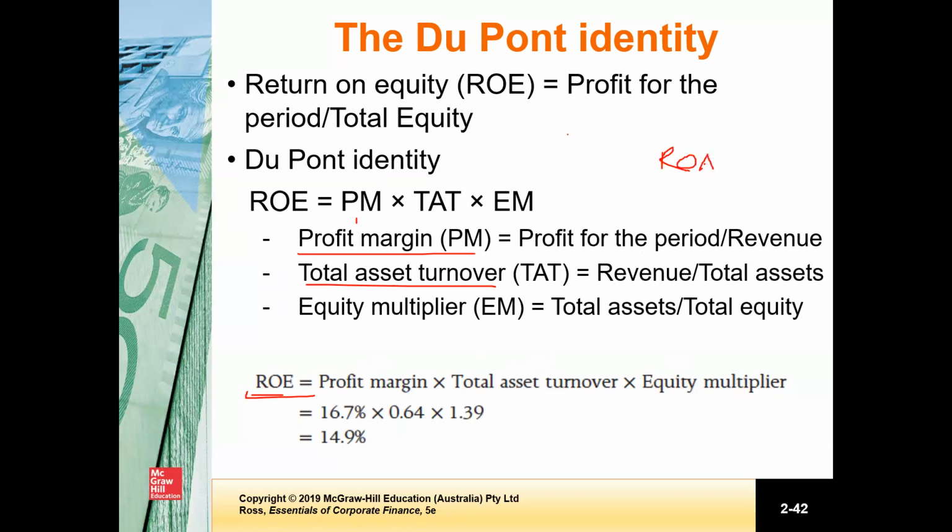So if your ROA is higher than your cost of debt, then using higher debt will increase your ROE. However, keep in mind that as you use more and more debt, your cost of debt will go up and your ROA will not be enough to offset your cost of debt. And in that case, using debt will not increase your return on equity.